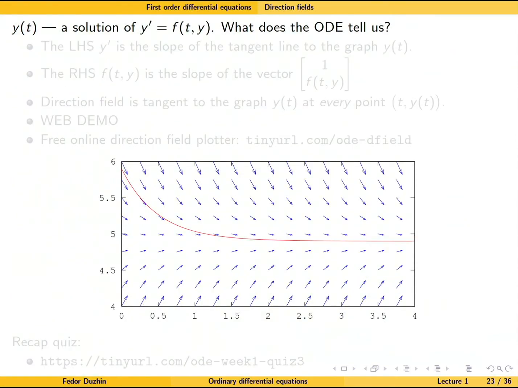Now, why is the concept of a direction field so important? Why do we use the direction field to visualize a differential equation? Note that once again, y prime is the slope of the tangent line to the graph of the function y.